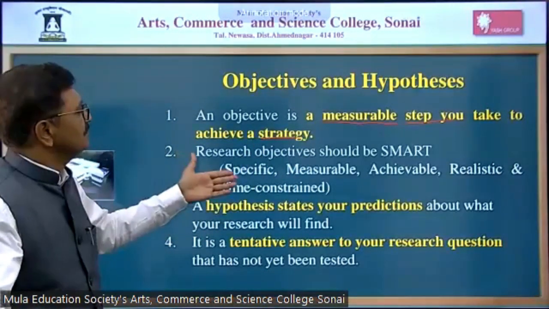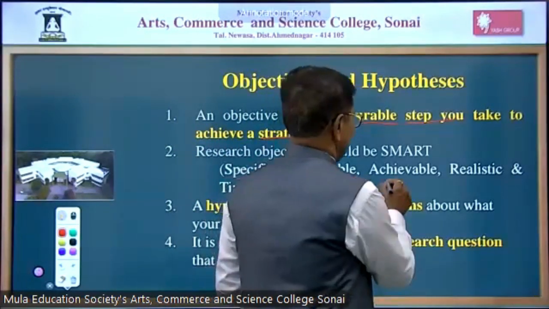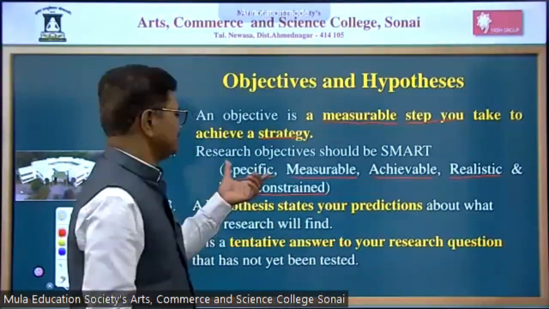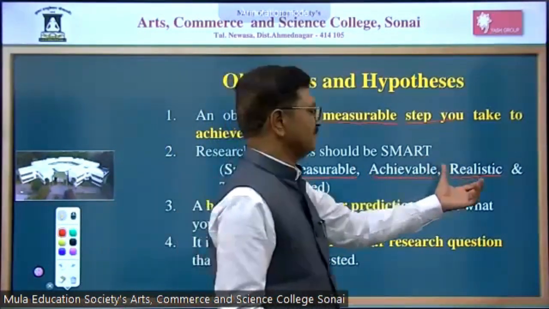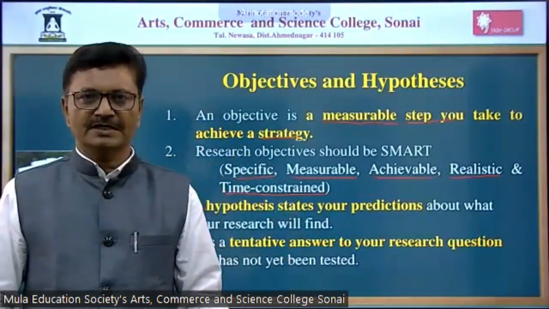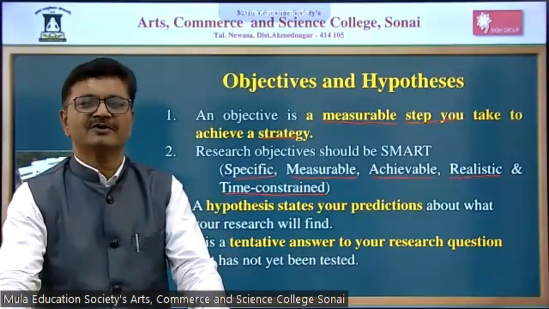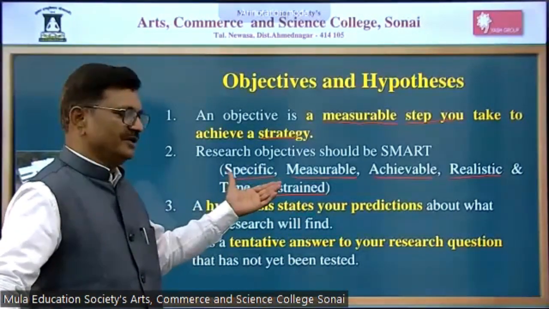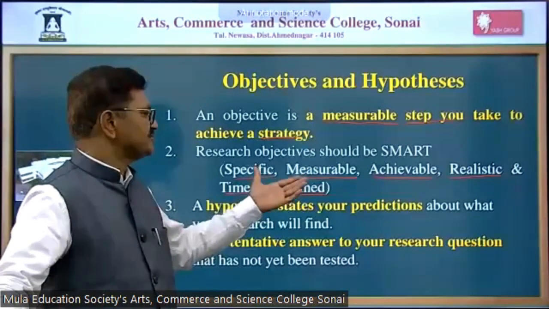The second one is that the research objective should be SMART. SMART means very specific, measurable, achievable, realistic and time constrained. Objectives should be specific, measurable, achievable, and realistic, and also time constrained. Sometimes you will have many objectives and it's not possible to complete all of them, and not possible to find methods for all the objectives and complete the entire thing within the given time frame. So that should be very specific and measurable, so you can measure certain parameters based on the objective.